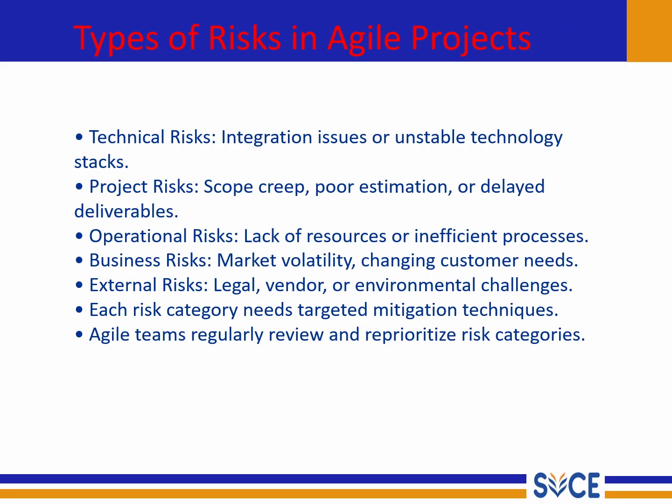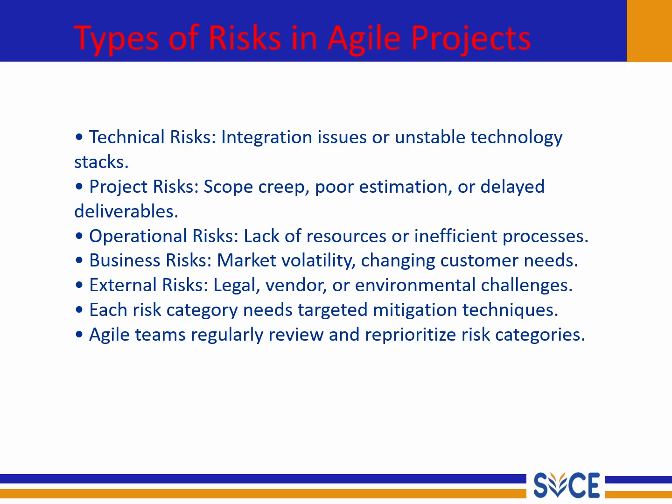Here, number one is the technical risk: integration issues or unstable technology stacks. The next one is the project risk: scope creep, poor estimation, or delayed deliverables. Third is operational risk: lack of resources or inefficient processes. Fourth is business risk: market volatility and changing customer needs.